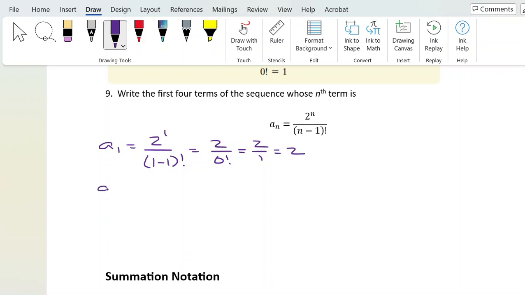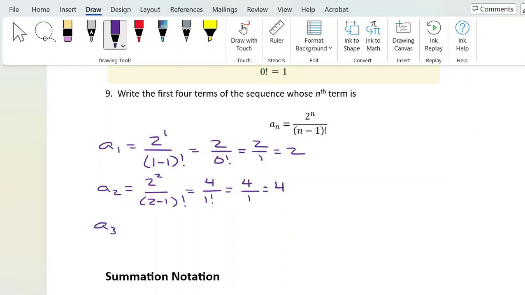Second term, 2 to the second over 2 minus 1 factorial is going to be 4 over 1 factorial. So 1 factorial is just 1. There's nothing else to multiply by since we're already at 1. So the answer here is 4.